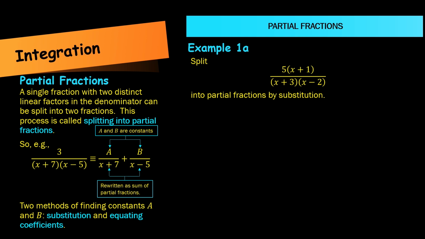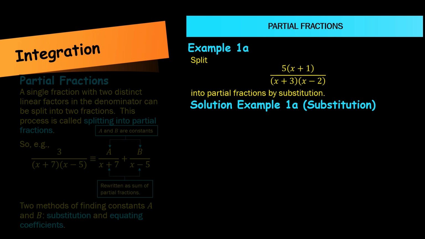So let's solve example 1a first. We are required to split the expression shown on your screen into partial fractions by substitution. So let's solve this. We let the expression equal or be identical to a over (x plus 3) plus b over (x minus 2).